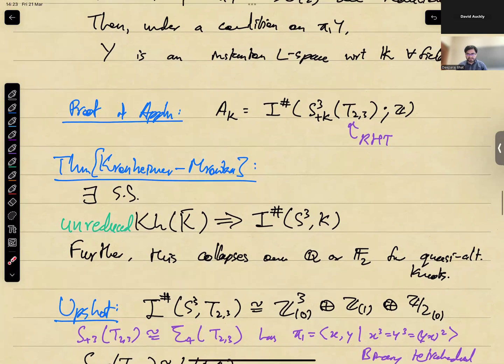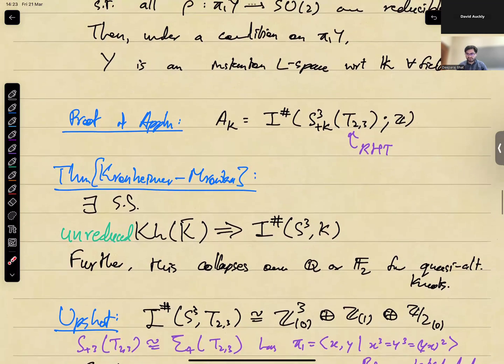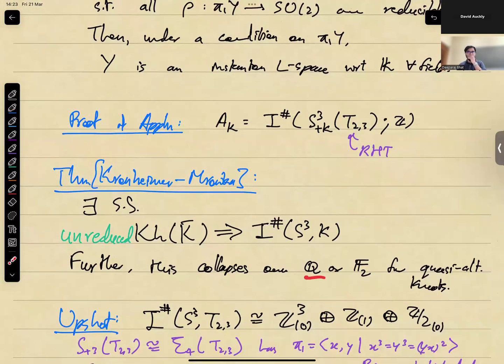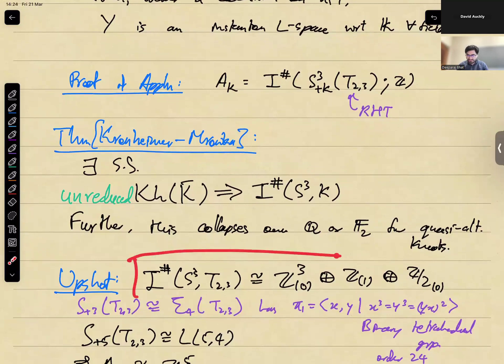This spectral sequence collapses over the rationals and over F2 for quasi-alternating knots, and specifically for alternating knots as well. And so for the trefoil, you can actually compute this by hand and confirm that there are no weird extension issues that show up.